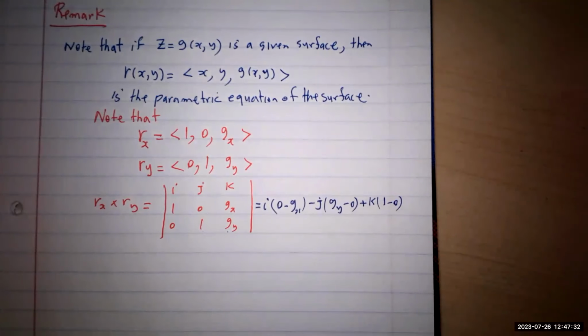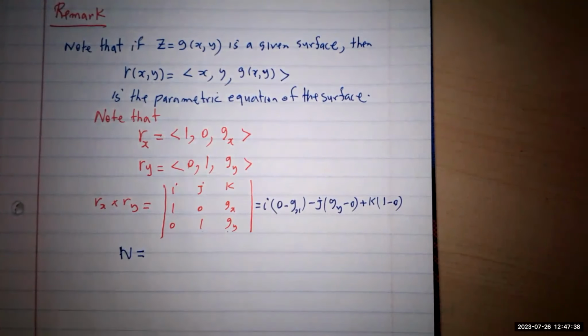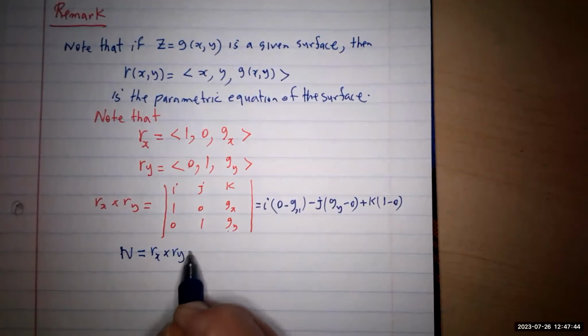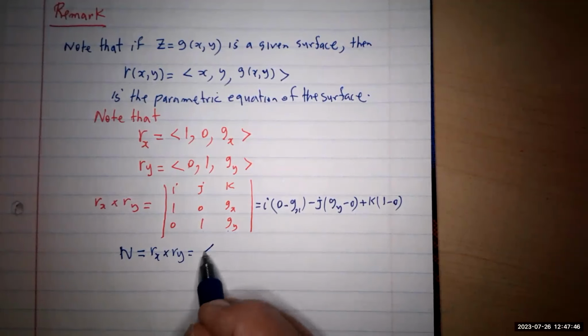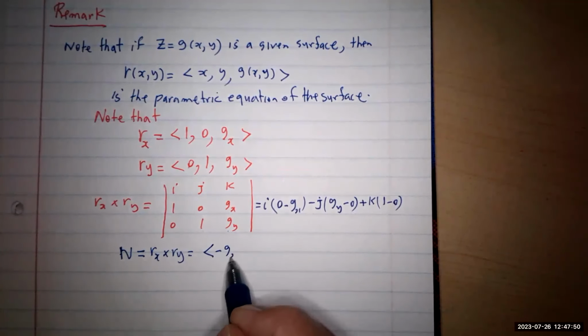So what's going to be the conclusion? The conclusion is going to be the normal vector. You see, the normal vector in this case is going to be what? You get r sub x cross r sub y. And now this is going to be this vector. Look at the vector. The first component would be negative g sub x.